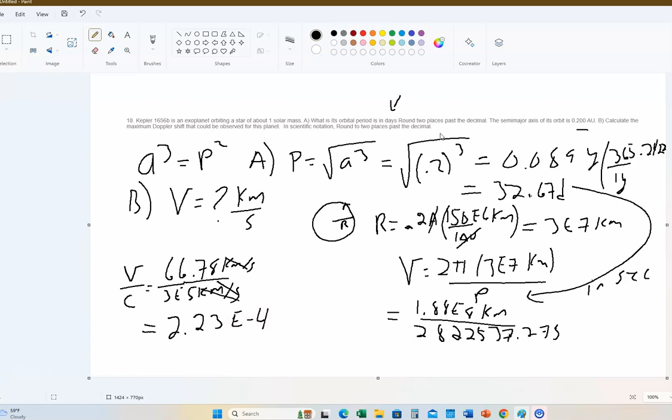This is exactly how you'd enter it into Blackboard: 2.23 e minus 4. That's how Blackboard interprets times 10 to the minus 4th. So that's literally part B, the Doppler shift for this particular planet. And that is problem number 18.